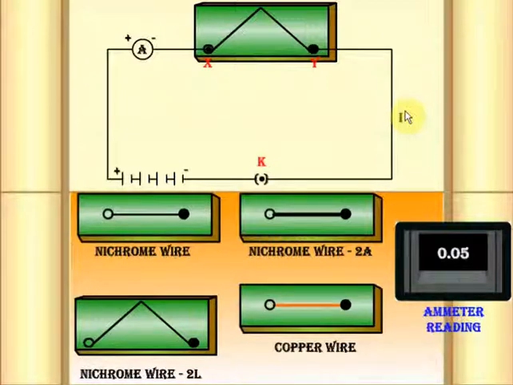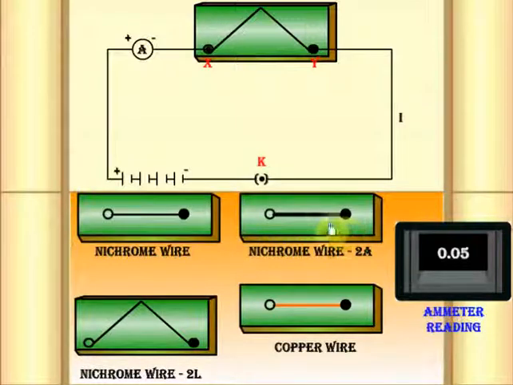Isn't it? After all, if the resistance becomes doubled, then the current will become half. Isn't it? Because I is V by R, or current is inversely proportional to the resistance. So this is an interesting observation here, that when we double the length of the wire, the current becomes half, or the resistance becomes double.